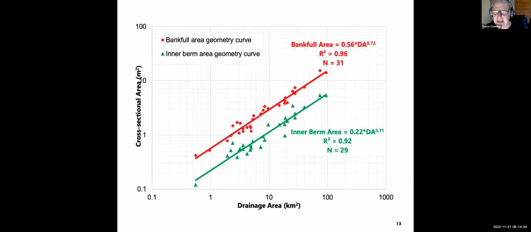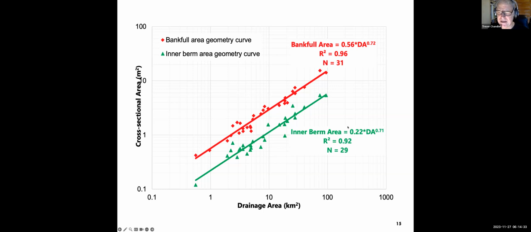So then we started breaking out the data and said, what do the curves tell us about bankful width and depth? So here's the bankful area curve here in red. This is for bankful area, and then the inner berm is that smaller than bankful feature that was observed at all but two of the sites that we went to. So we had 29 sites that had reasonable inner berms present that were measured.